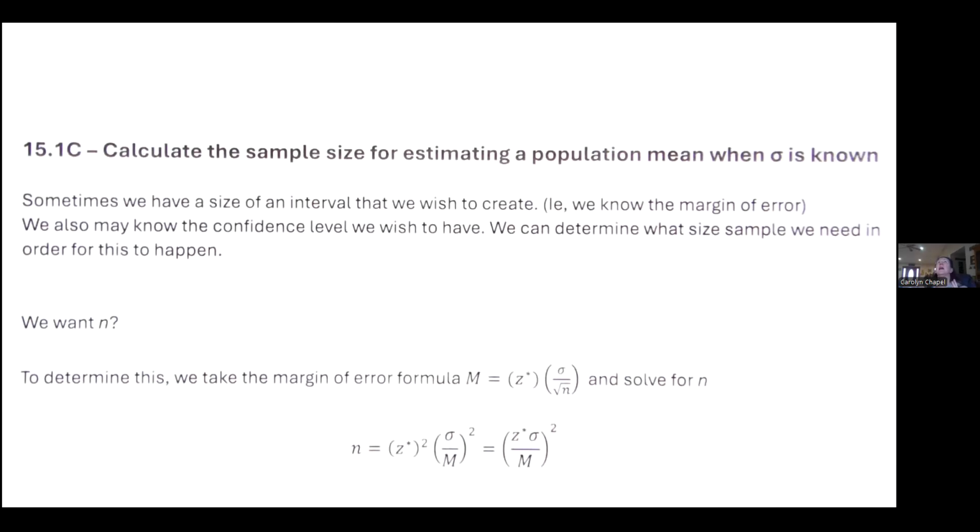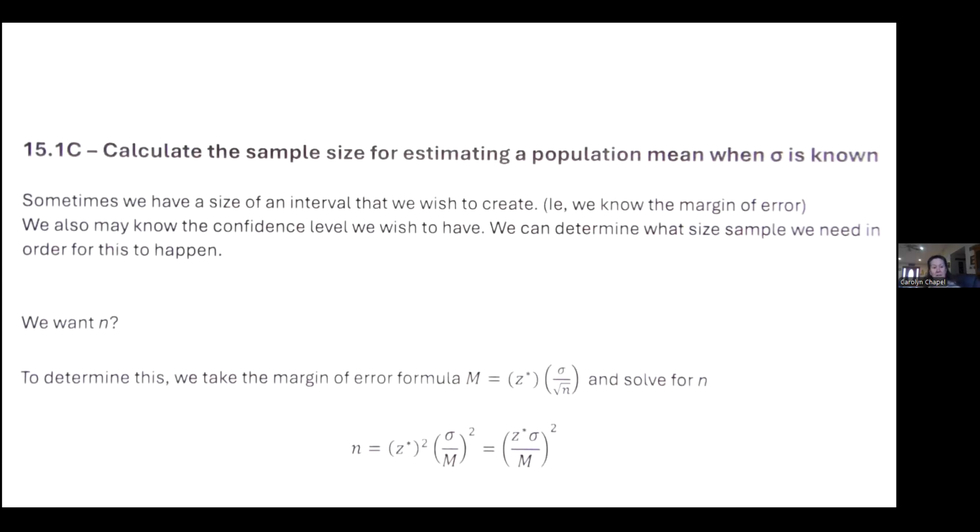Like I want to be 95% confident and I want to be within half a centimeter or within 2 minutes or within 5 pounds, whatever we're measuring. So I have this idea of what I want the interval to look like and how accurate I want to feel. So then I want to know, well, how many people do I need to go out and ask in order for that to happen?